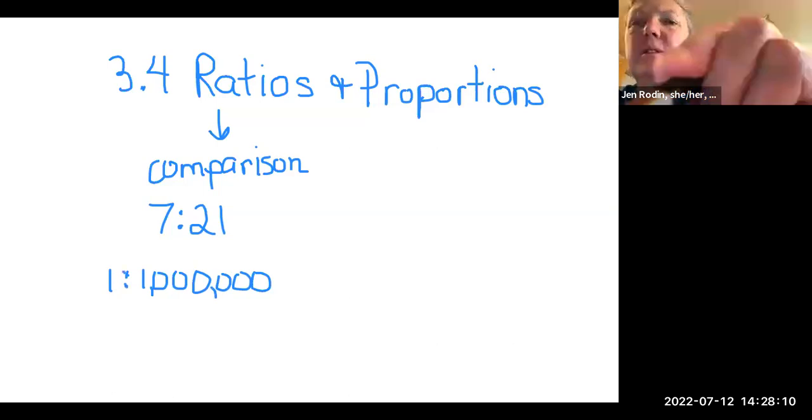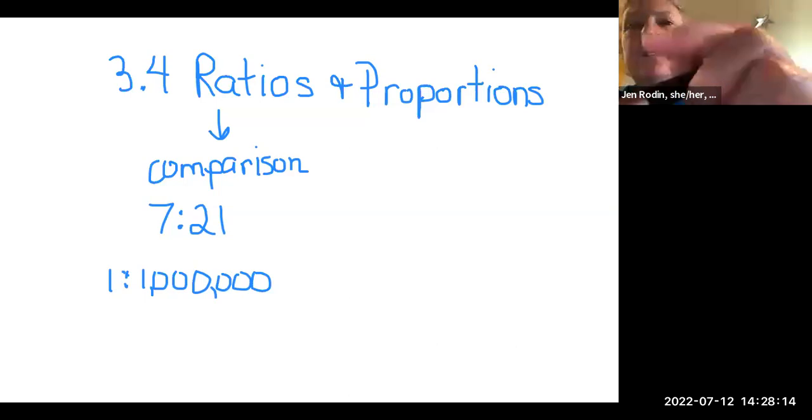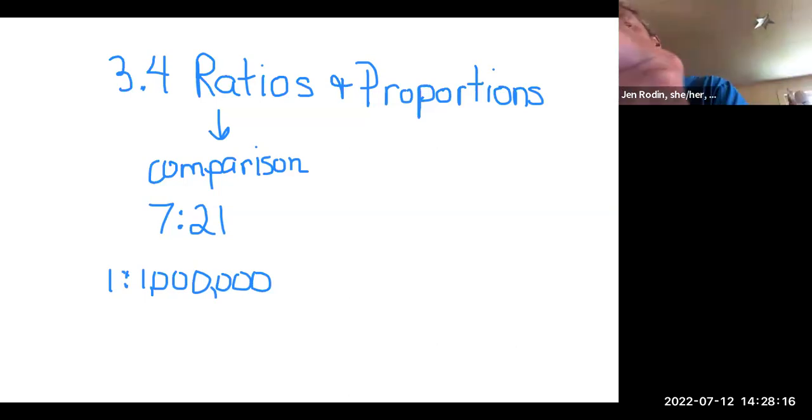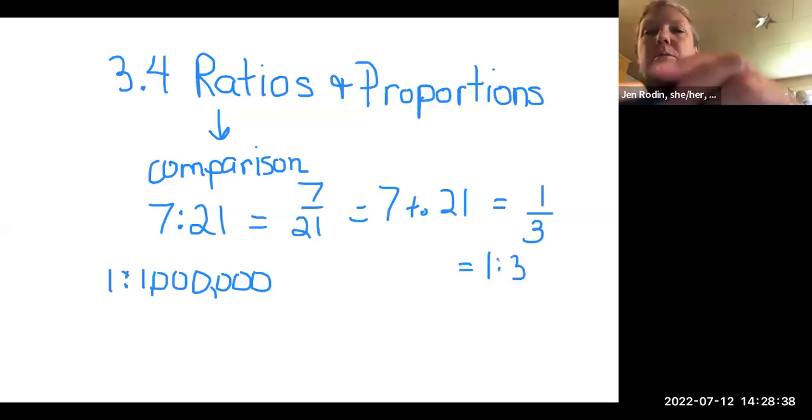That would be written with that colon, it's called. So 7 to 21 means the same as 7 over 21, or 7 to 21. And we can reduce it to 1 to 3. So these are just the different ways that you could write them or say them.